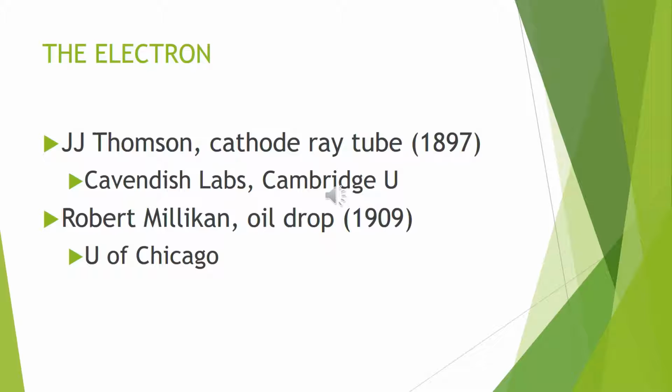And Thomson was a professor at Cambridge University, working in the very, very famous Cavendish labs. You'll see that name pop up a lot in this unit. Robert Millikan of the University of Chicago, an American, performed an experiment about 10 years later, a little bit more, which gave us more information about the electron.